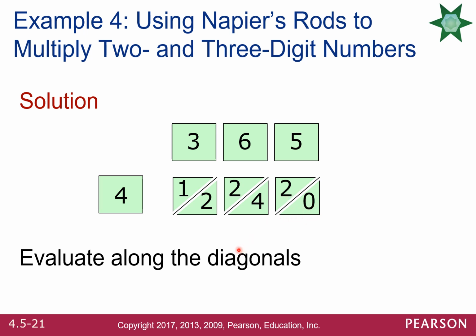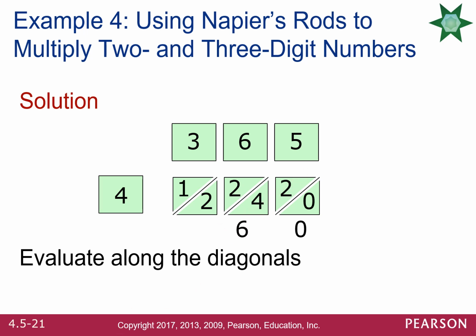Now we have to add the values diagonally. So let's bring that up. We have first 0. This part is 0, nothing to add here. Then we have 4 plus 2. We will end up adding 4 and 2, this diagonal.